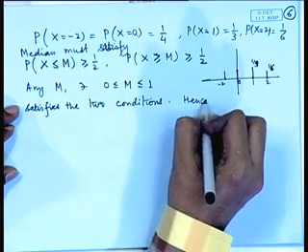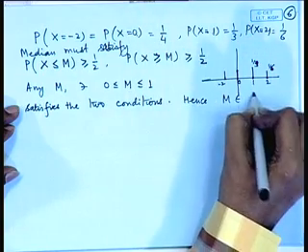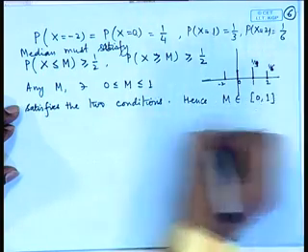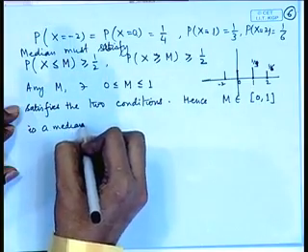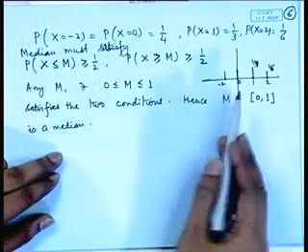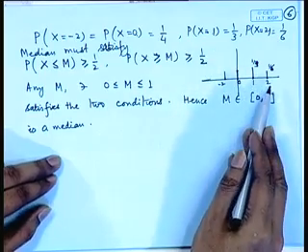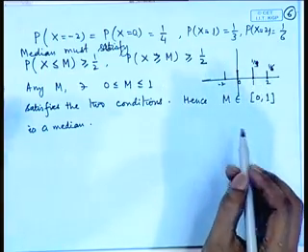Hence, m belonging to 0 to 1 is a median. So, this is a case where the median is not unique. In particular, in discrete distributions we may not have a unique quantile. In the continuous random variable case, there will be a unique quantile.